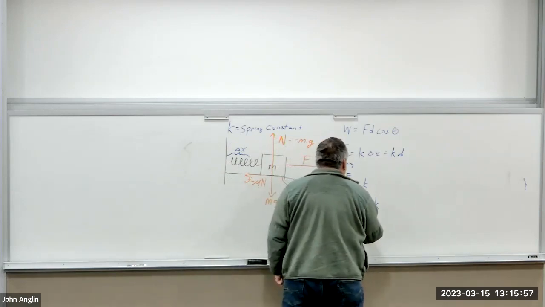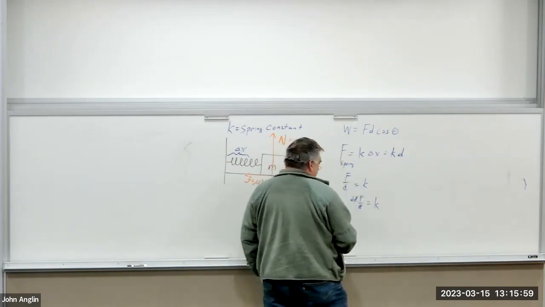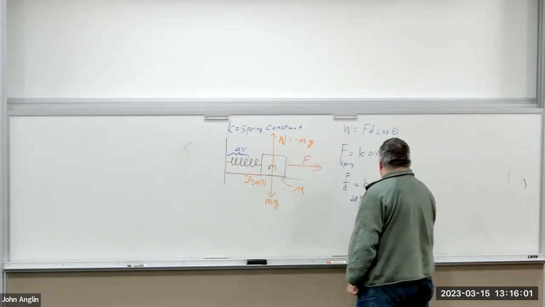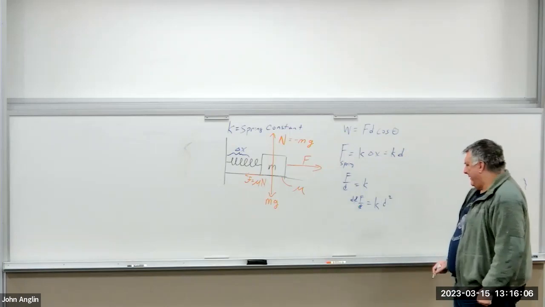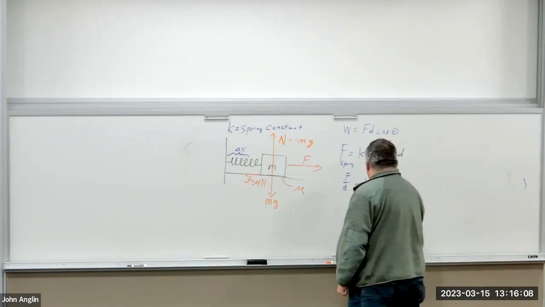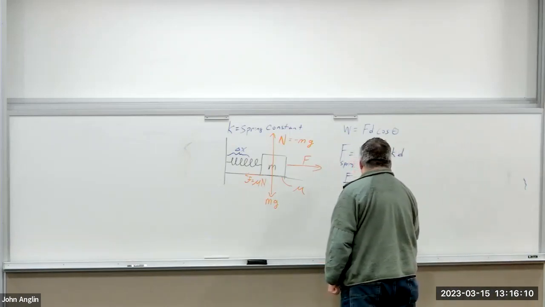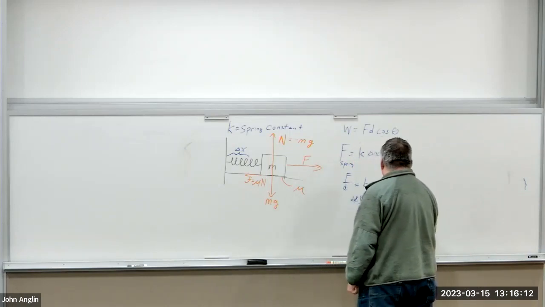So what happens, one of those D's cancels. And we also need a D squared over here to take care of it. So we get something that looks like F D equals K D squared.